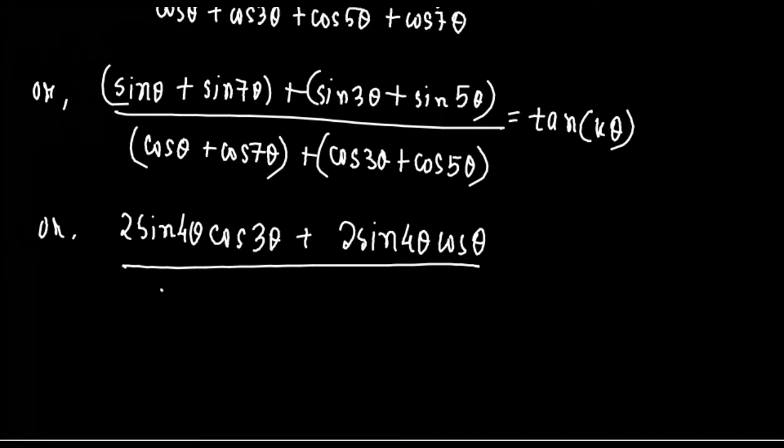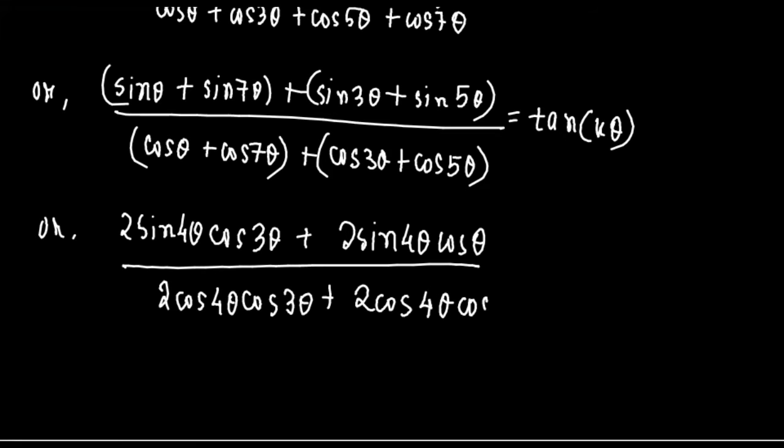So obviously here also 2 cos 4θ cos 3θ plus 2 cos 4θ cos θ is equal to tan kθ.